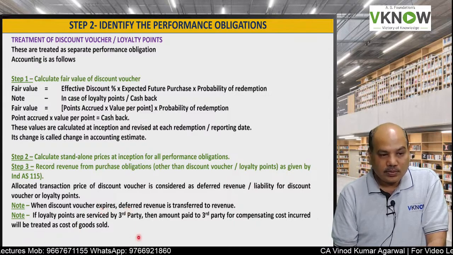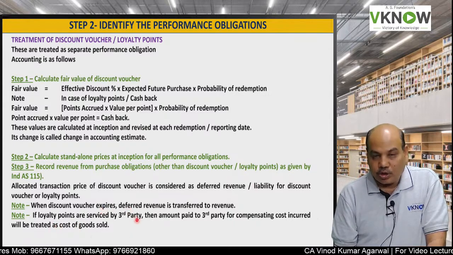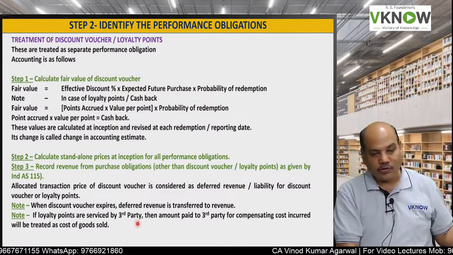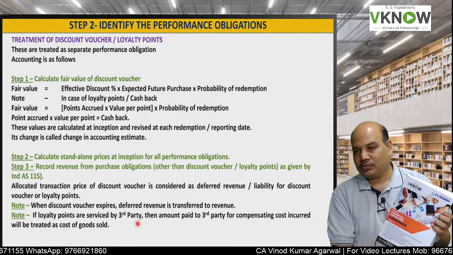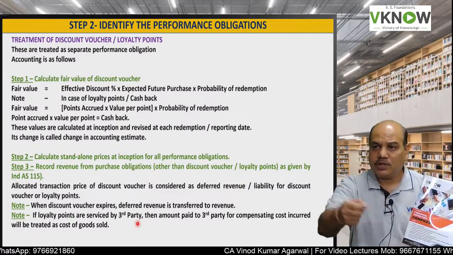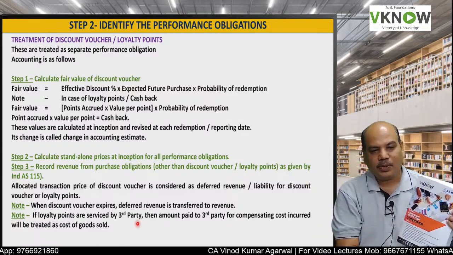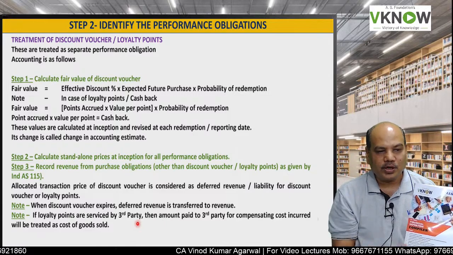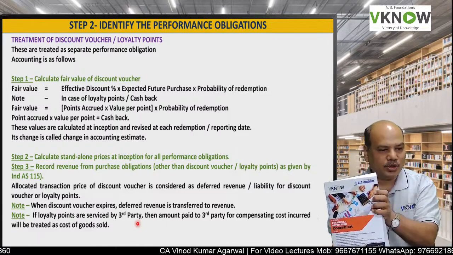Sometimes the loyalty points are serviced by a third party. So I will sell this FR compiler book and I will give you a coupon and I will say you can go and purchase petrol from the nearby petrol pump, show this coupon voucher and they will deliver you the petrol.